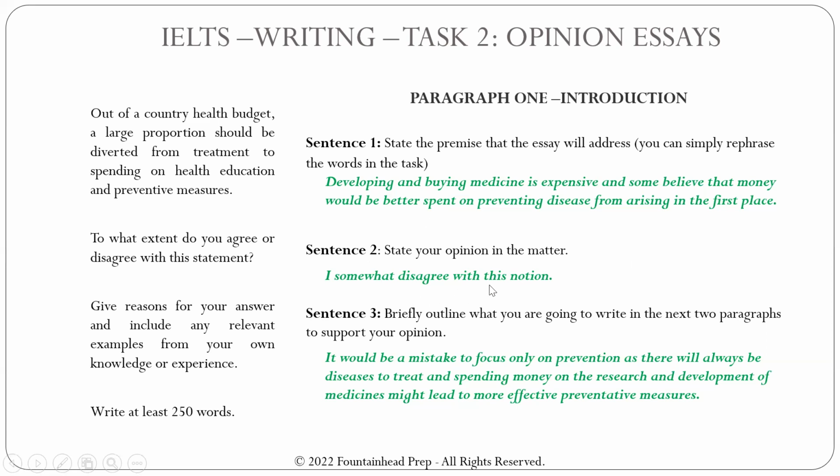But especially in advantage, disadvantage or discuss both views, you can give a brief outline of what you're going to write in your body. For example, it would be a mistake to focus only on prevention as there will always be diseases to treat, and spending money on the research and development of medicines might lead to more effective preventative measures. So the examiner already knows what direction the student's essay is going to take.